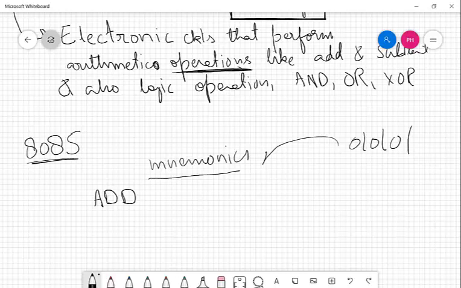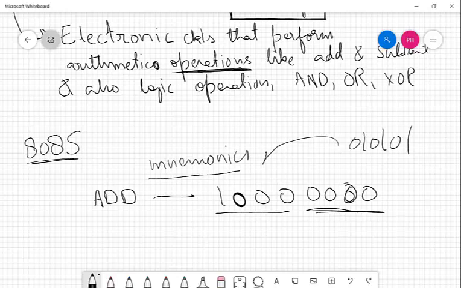It might have a certain machine code, for example, 10000010. So whenever we write ADD, an assembler and a compiler will change this ADD into zeros and ones, and these zeros and ones will be written to the memory.